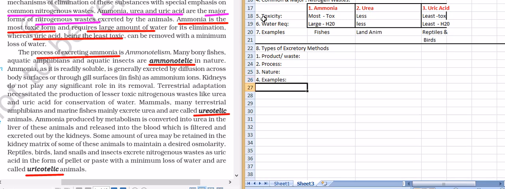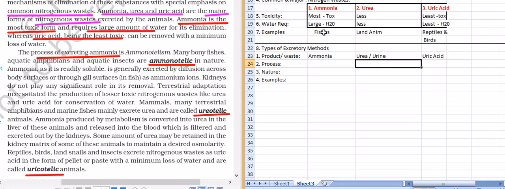Now, what we are discussing first is ammonia. Let's write it here. Ammonia, number one. Next, as you know, is urea, which can also be called urine. Next is uric acid.